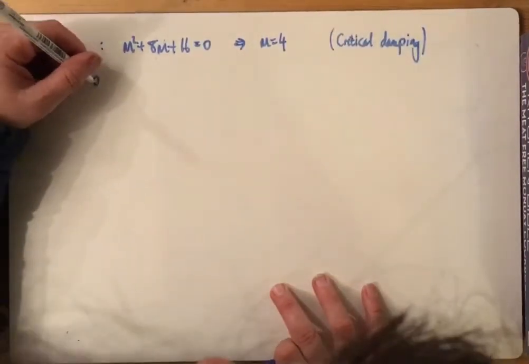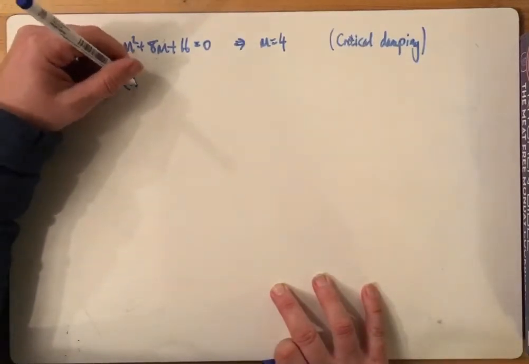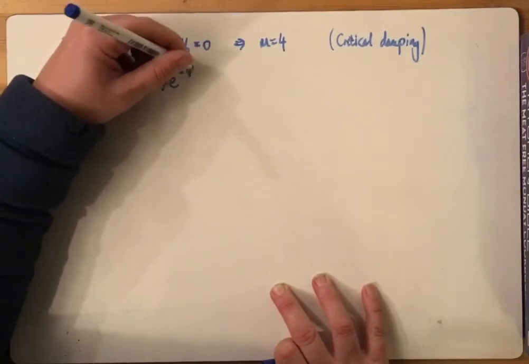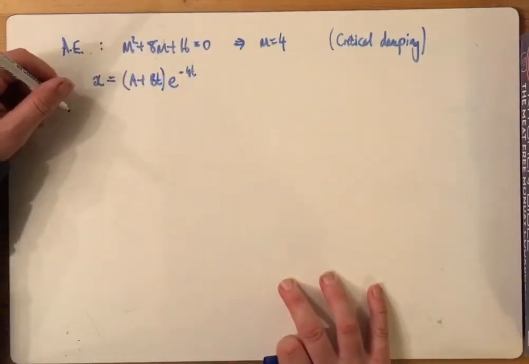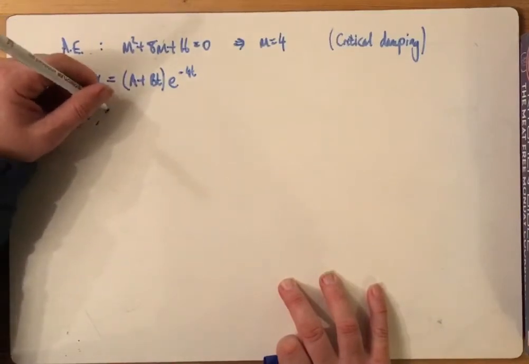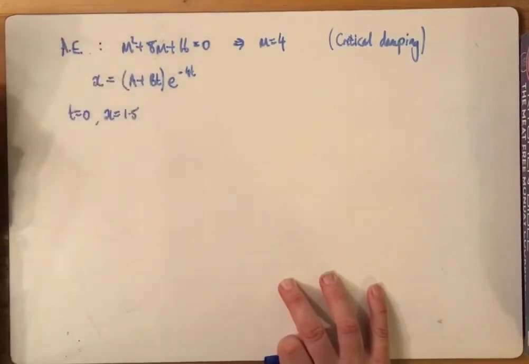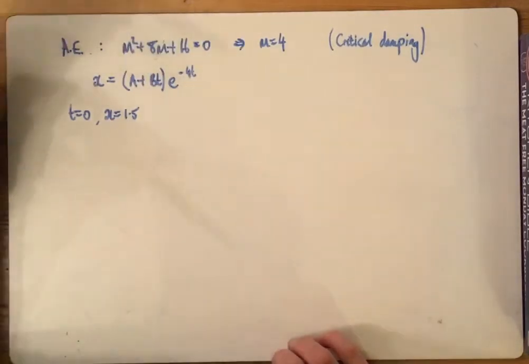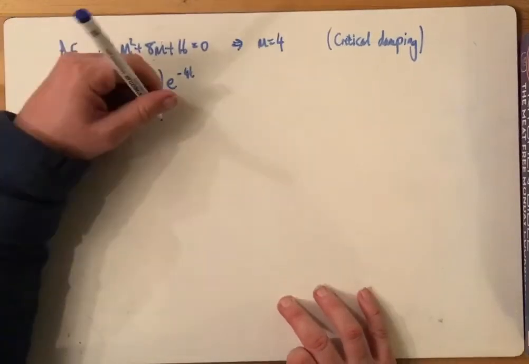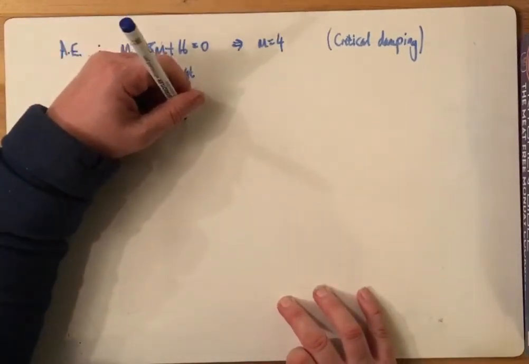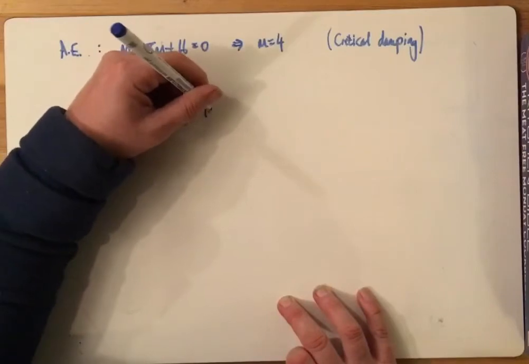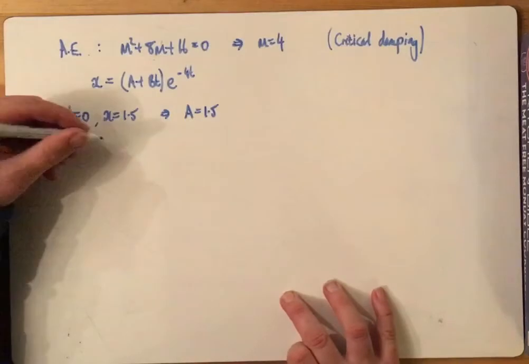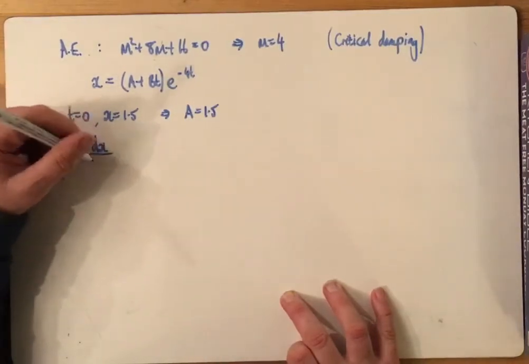And x is equal to (a plus bt) e to the minus 4t. And when t is 0, x equals 1.5. So that's going to 0, that's going to 1, and so a is equal to 1.5. If a was 0, I'd probably rewrite this, but we need to differentiate this to get to the velocity.